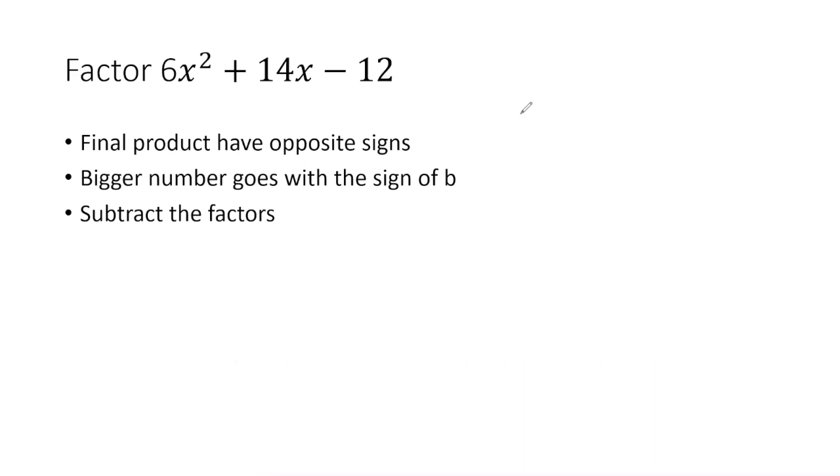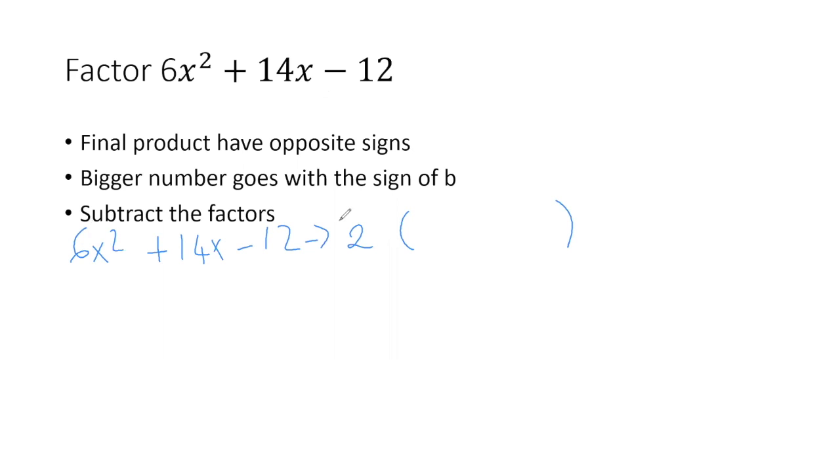So I will factor out the GCF if there is one. 6, 14, and 12. 2 is the biggest number going into all these numbers. So I will factor out 2. Let me rewrite the problem: 6x squared plus 14x minus 12. I will factor out 2, so I put 2 outside the trinomial.